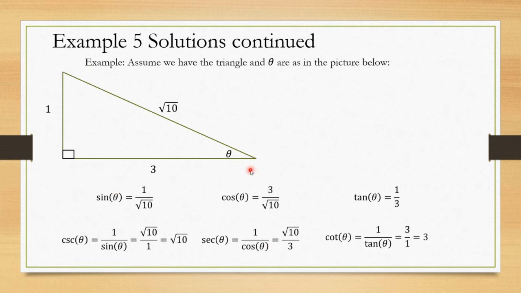Now we can get all the trig functions. We know tangent already. Sine of theta is equal to opposite divided by hypotenuse.